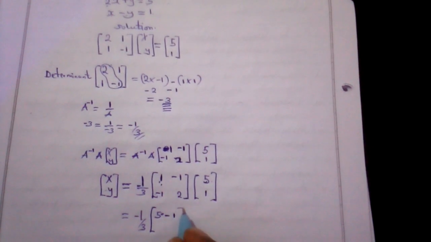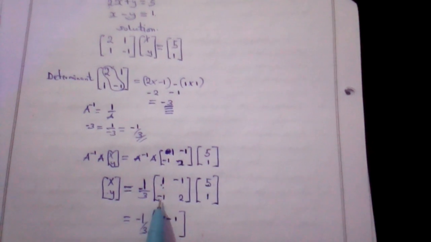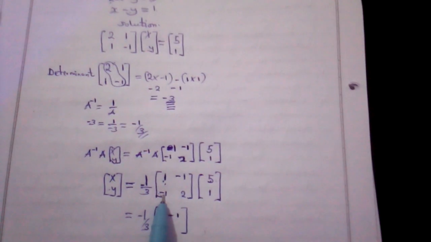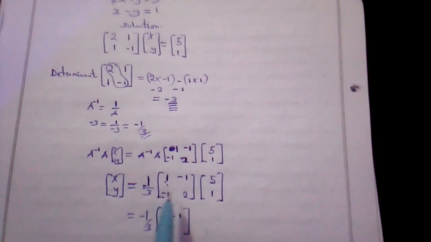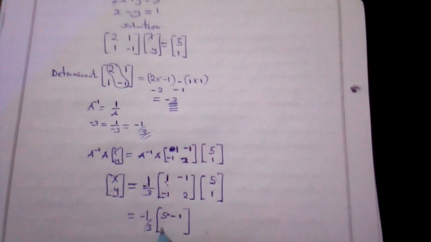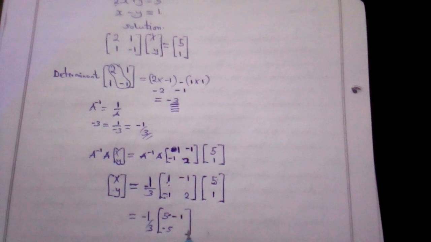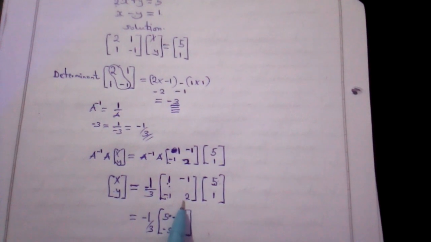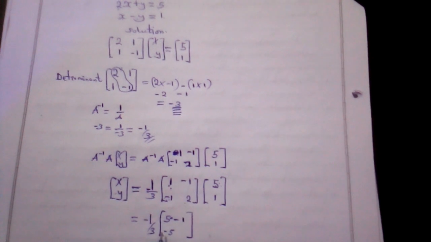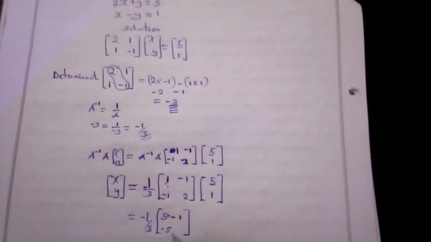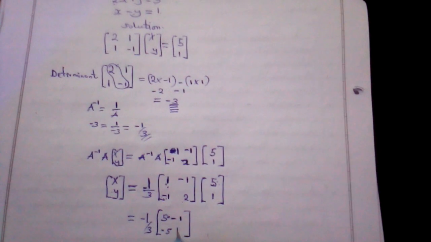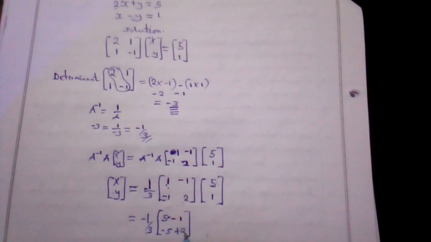So this part is the same as negative 1 times negative 1 times 5 is going to be negative 5, minus negative 5 plus 2, should be negative 5 plus 2.